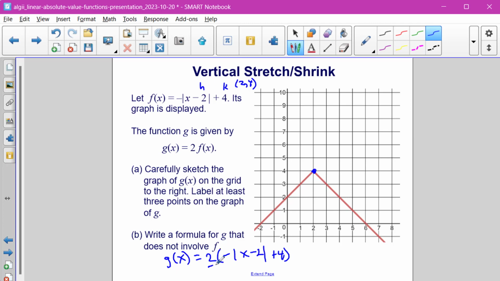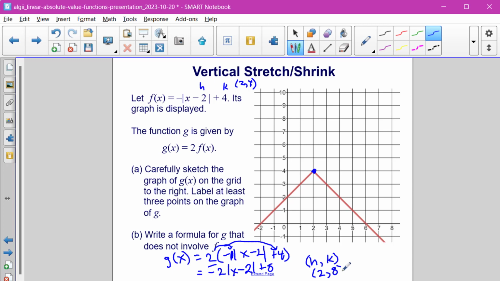And then remember, we have to take this 2 and distribute it through here. And remember, there's this hidden -1 here. And we're also going to multiply it by 4. So therefore, g of x is going to be equal to -2 times the absolute value of x minus 2, and then plus 8.